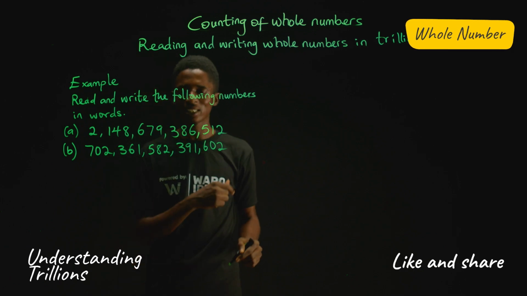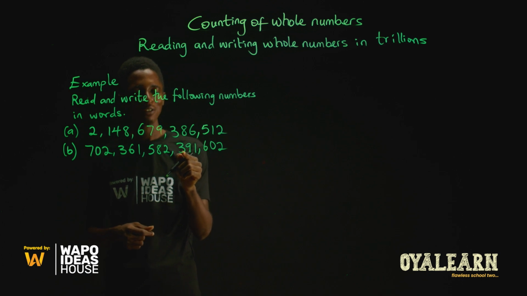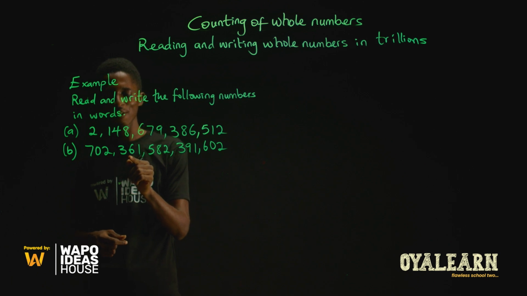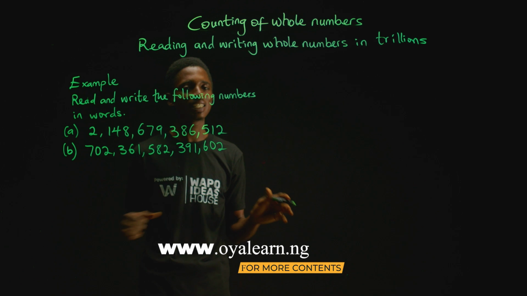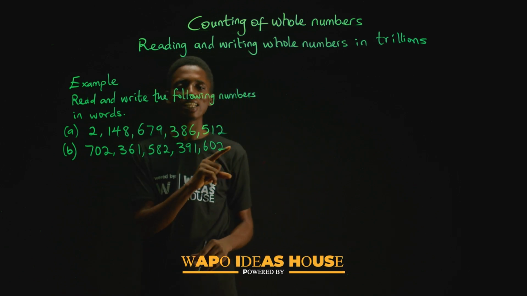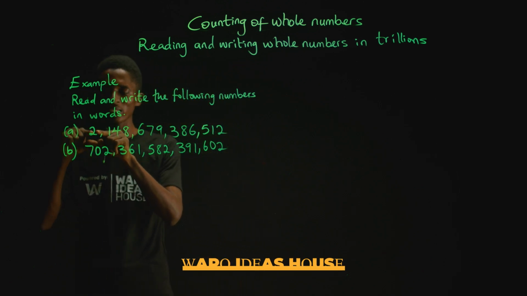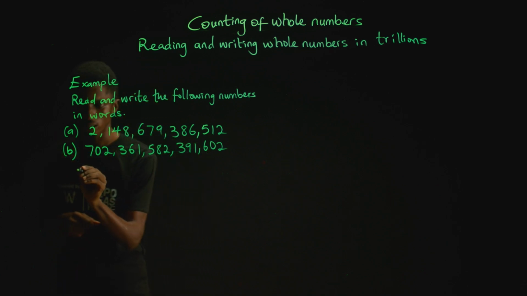This time, how many digits? 1, 2, 3, 4, 5, 6, 7, 8, 9, 10, 11, 12, 13, 14, 15. 15-digit number. Now to read this properly, as we have stated, you start by mentioning the digit and then the place value, right? So let's see how it is done.